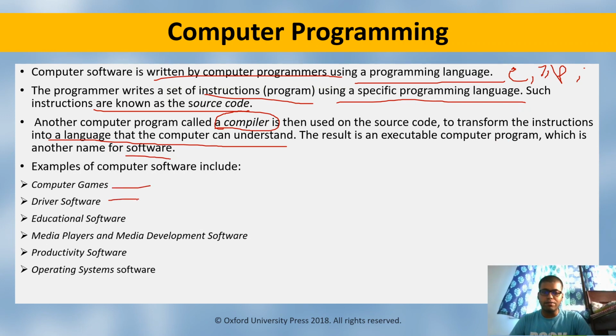Computer games, driver software, education software, media players, different productivity software, operating systems, everything starts as source code. Now there is a compiler built in. That compiler compiles the program, and it will convert it to the native language of the machine.